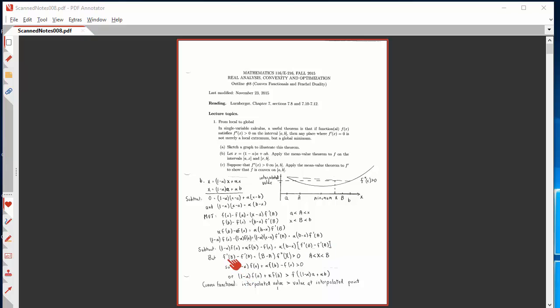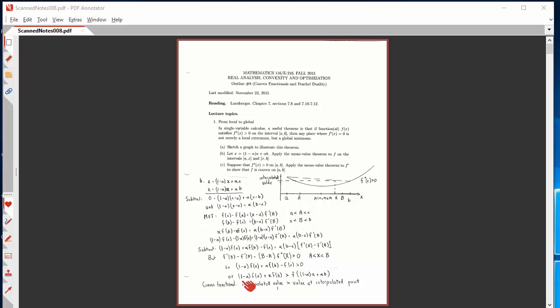But now I'm on to part C. This is a difference in first derivatives. And since the second derivative exists everywhere, if I divide that by b minus a, it equals the second derivative somewhere in between capital A and capital B. And therefore, I can conclude that 1 minus alpha times f of a plus alpha times f of b minus f of x, being the second derivative somewhere on the interval between A and B, is going to be greater than 0.